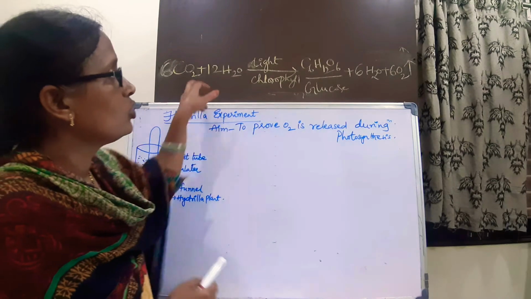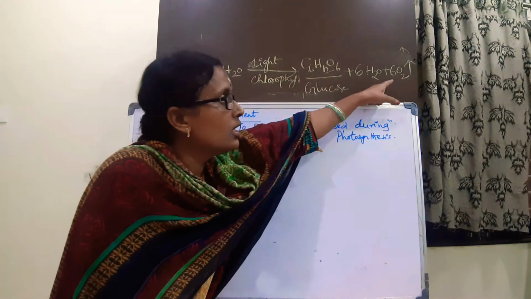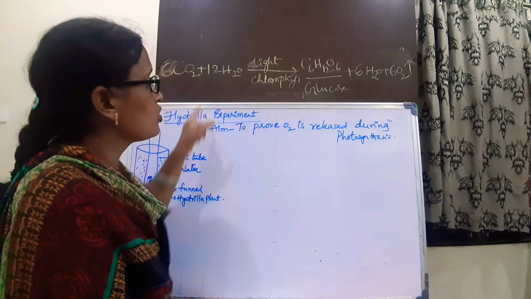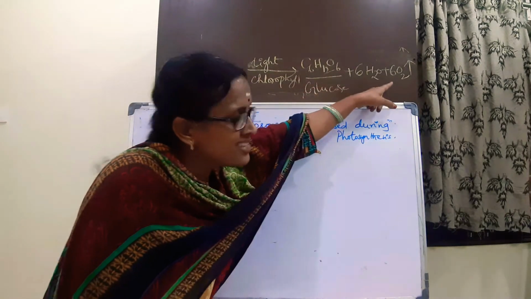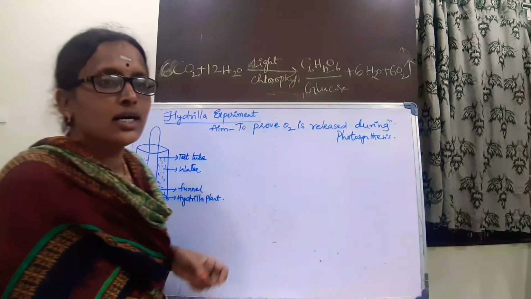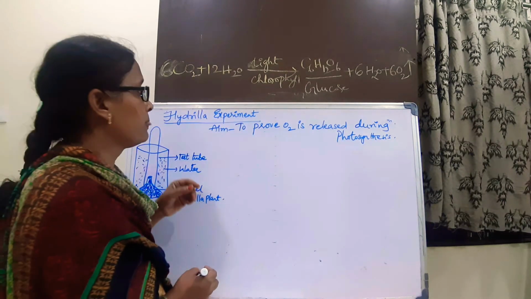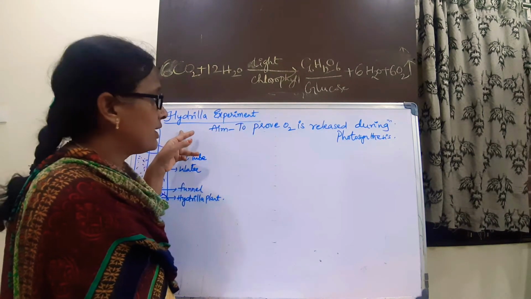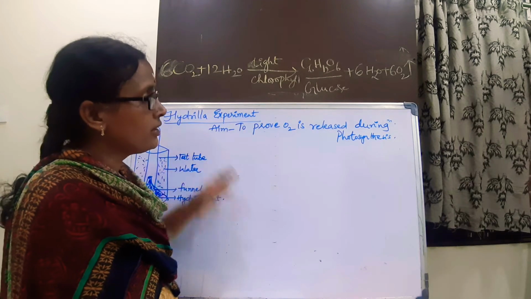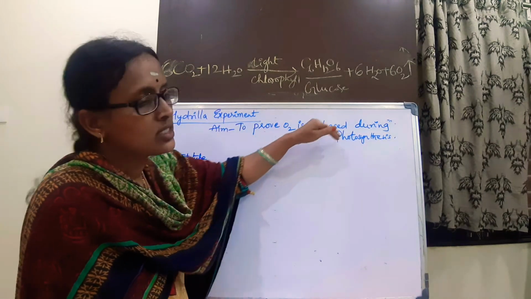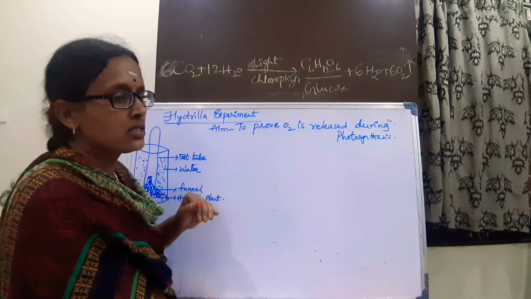Next, if you observe the equation of photosynthesis, which gas is released? Oxygen. So with the help of the Hydrilla experiment, we can prove that oxygen is released during photosynthesis.